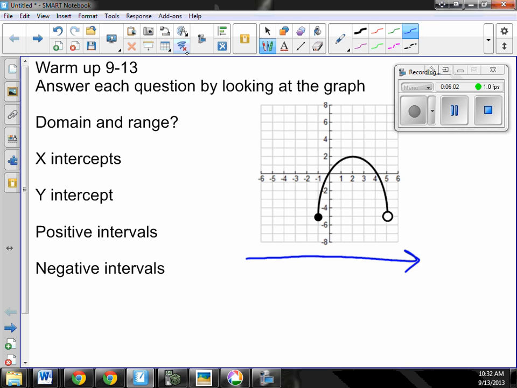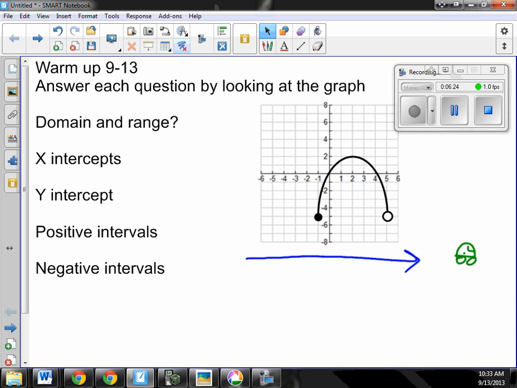So here's my car. Okay? As I travel this way and I run into the graph and I travel along the graph, well, and I disappear out here.